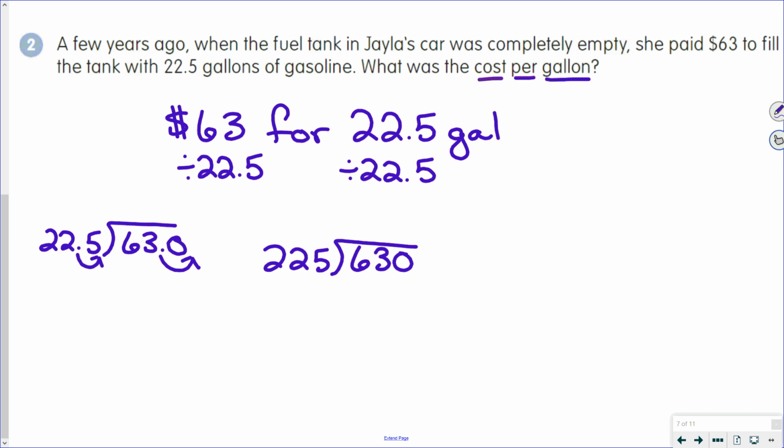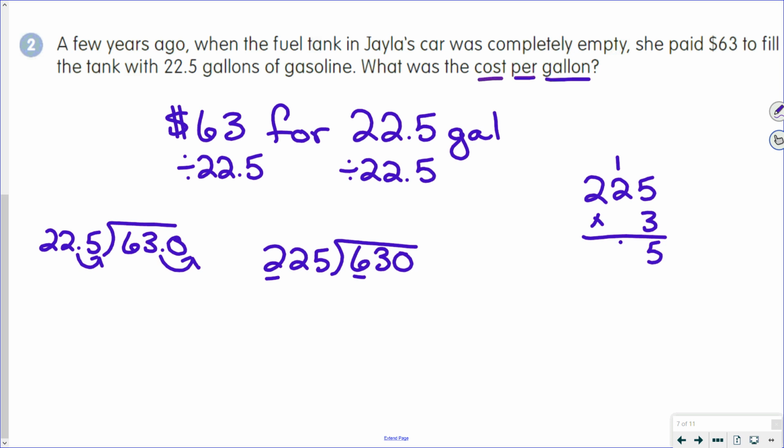Okay. Another strategy that we had was to look at just the first digit of each number. So the first digit of 225 is 2. The first digit of 630 is 6. And we can start with that. And we know that 2 goes into 6 3 times, so maybe we try 3.